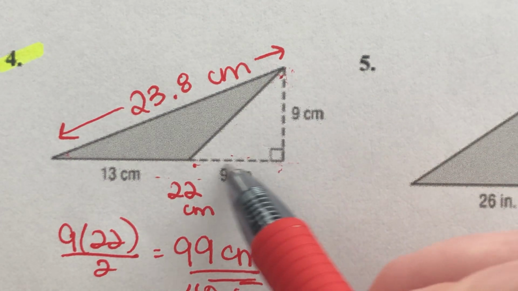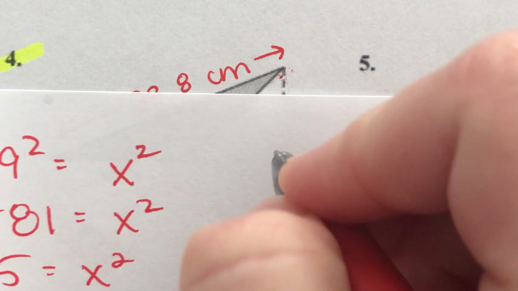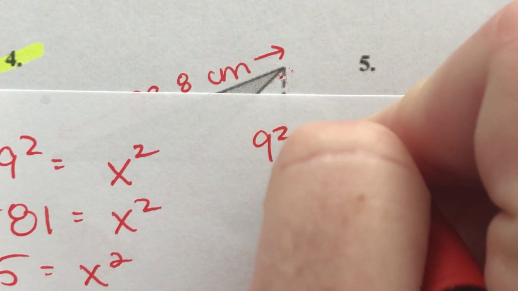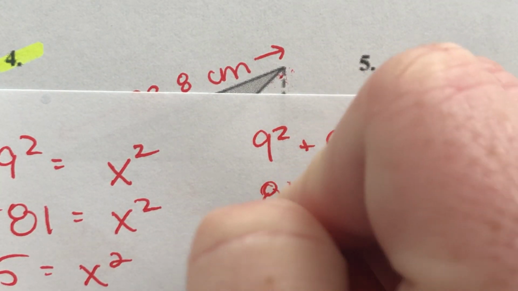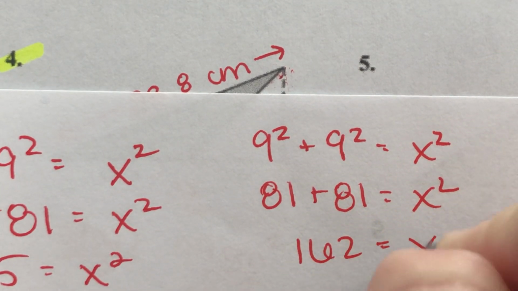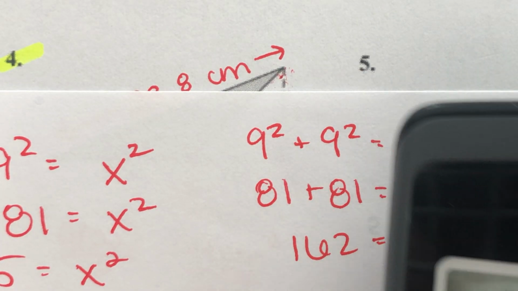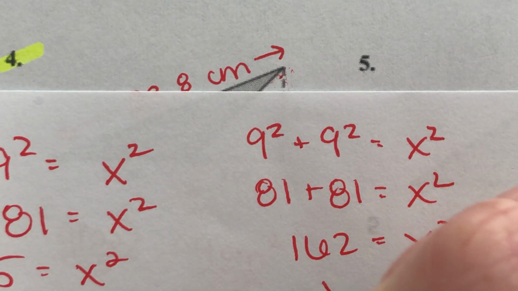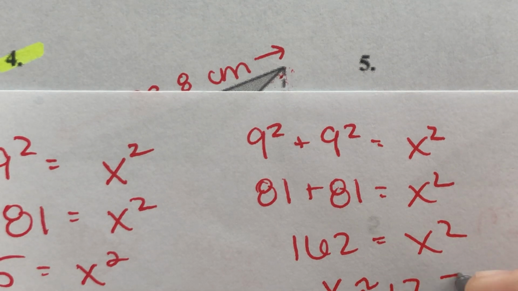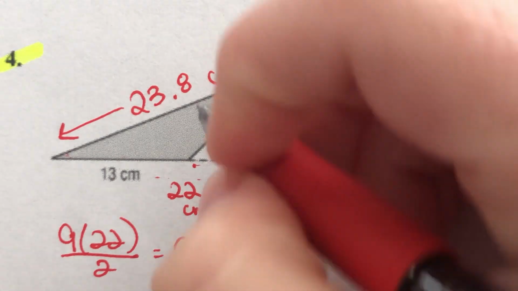So 9 squared plus 9 squared equals x squared. Pythagorean theorem. That's 81 plus 81, which is 162. And the square root of 162 is about 12.7, and that's in centimeters.